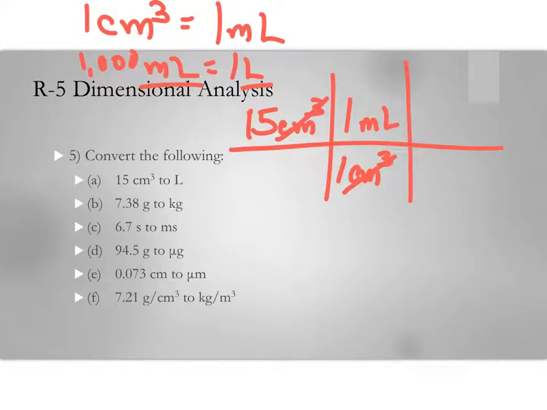And then you're going to multiply that by 1,000 milliliters per liter. And the milliliters will go on the denominator so that they cancel out. And you're left with just liters right there. And now you have 15 divided by 1,000.